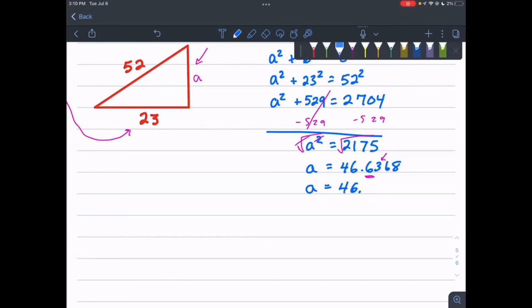Since the number next to it isn't 5 or more, we're just going to keep it the same. And this kind of makes sense, you know, if it was 48 feet to begin with, and then we brought it out a little bit further, the height did come down a little bit, but not too much. It was 48 feet at the beginning. Now it's at 46.6.